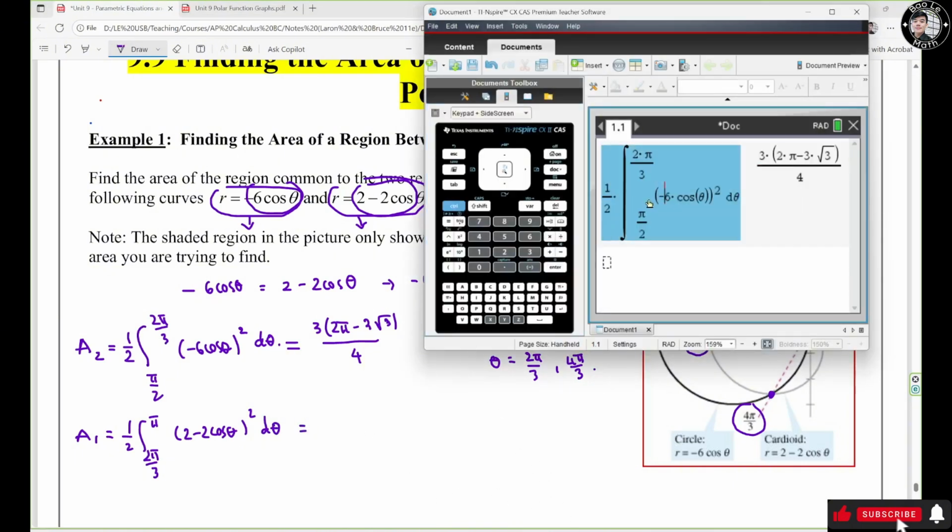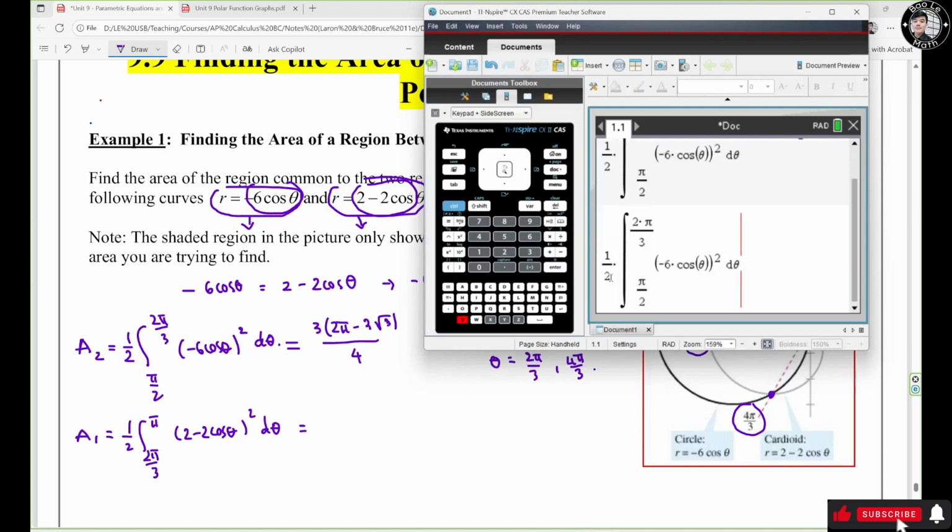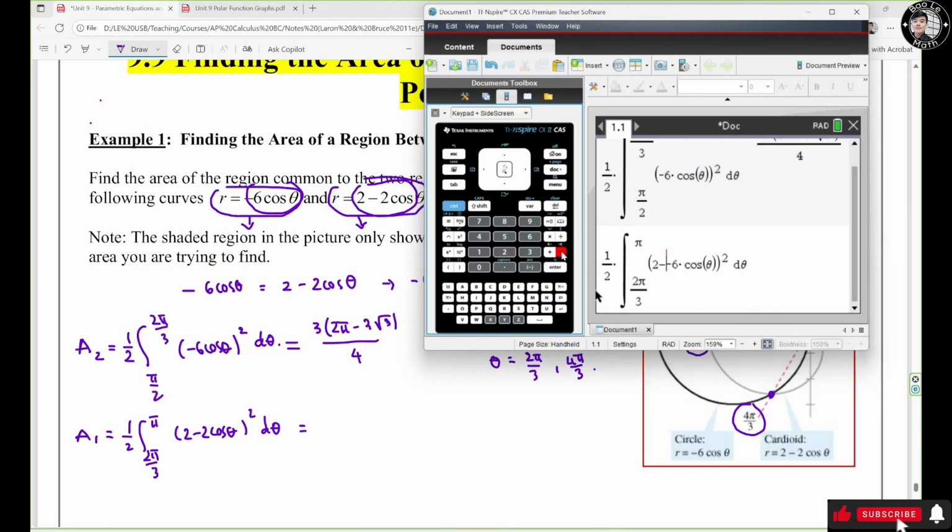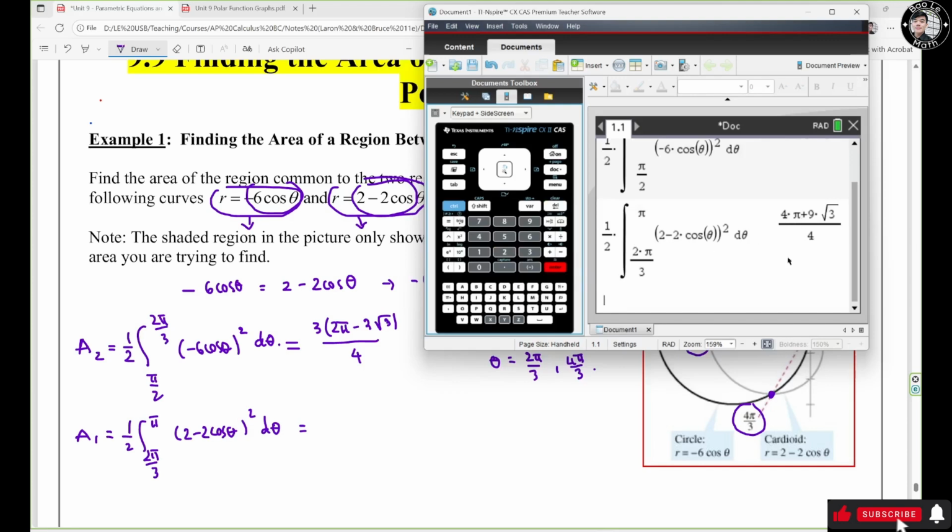I just copy this one over and change the values, so this one is 2 pi over 3 and this one is pi, of 2 minus 2 cosine theta, and press enter. The answer is 4 pi plus 9 root 3 over 4.